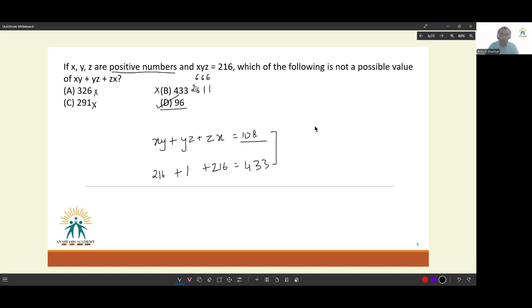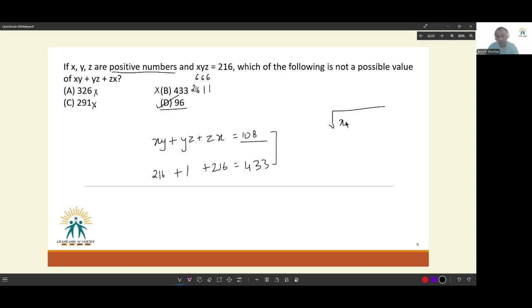Now, if we want to do it technically, absolutely technically, we can do it by AM is greater than or equal to GM, given that we've been told they're positive numbers. AM greater than or equal to GM can be done.